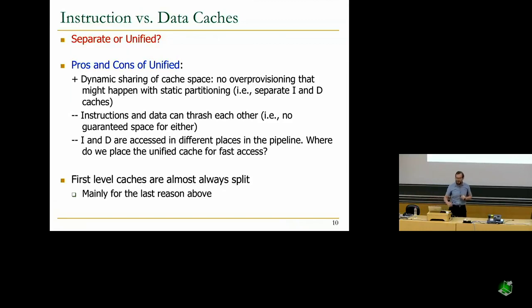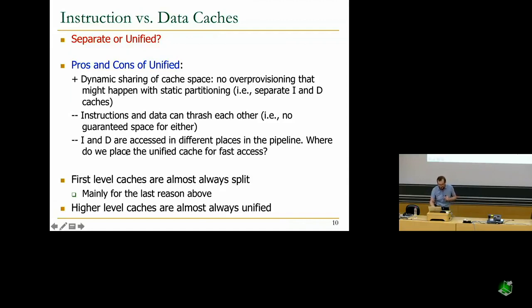Okay, so for this last reason above mainly, first level caches are almost always split or separate, but higher level caches are almost always unified between instructions and data. So if you look at the L2 cache, L3 cache, there's no distinction between L2 I cache or L2 D cache. They're all unified for mainly this reason, actually. Dynamic sharing of cache space. So this way you kind of get the best of both worlds.